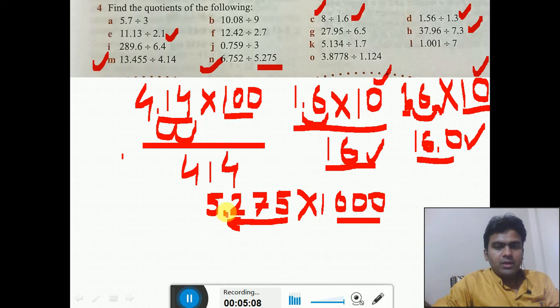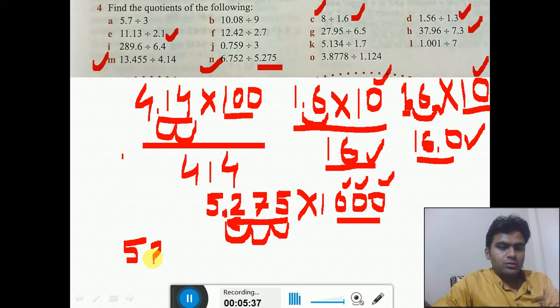When we multiply 5.275 by 1000, this decimal point will move how many places? 3 places. Why 3 places? Because there are 3 zeros in the multiplier. So move 3 places: 1 place, 2 place, 3 place. So this number will become 5275. Now this number has changed to a whole number.